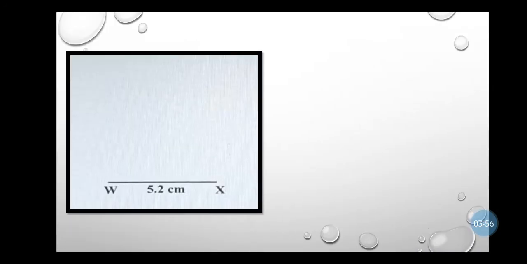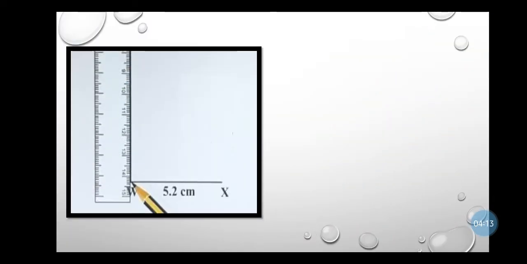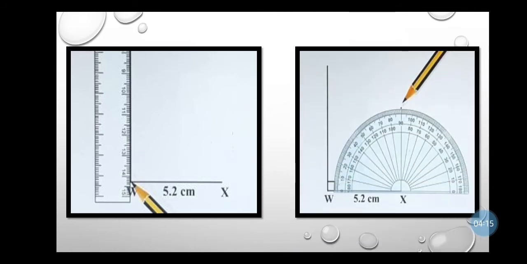The base you will be drawing WX as 5.2 cm. Placing your protractor on point W, you will mark 90 degree perpendicular, draw a ray. Similarly, you will place your protractor on point X and mark 90 degree and draw a ray.